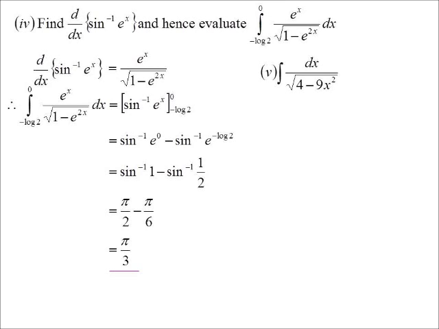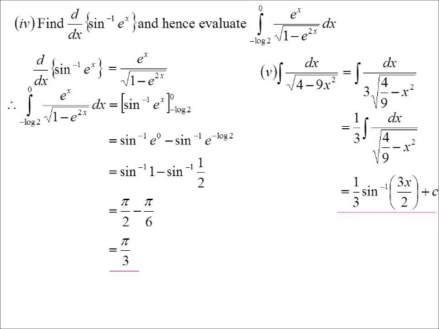Oh, that's not in the form a squared minus x squared. But I can make it in the form a squared minus x squared. I factorize. So I pull the 9 outside the square root sign, which also means the 4 becomes 4/9. But now the square root is in the form of a squared minus x squared. A is 2/3.